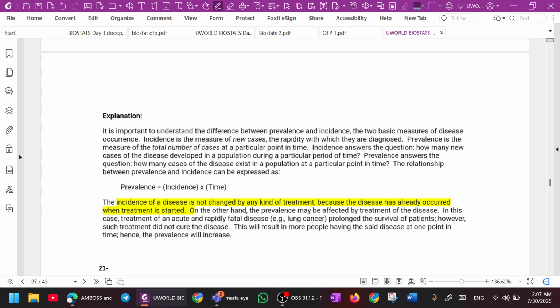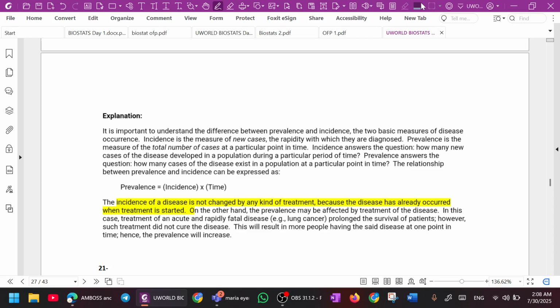Incidence answers the question how many new cases of the disease developed in a population during a particular period of time. Prevalence answers the question how many cases of the disease exist in a population at a particular point of time. The relationship between the prevalence and the incidence can be expressed as prevalence is incidence times time.